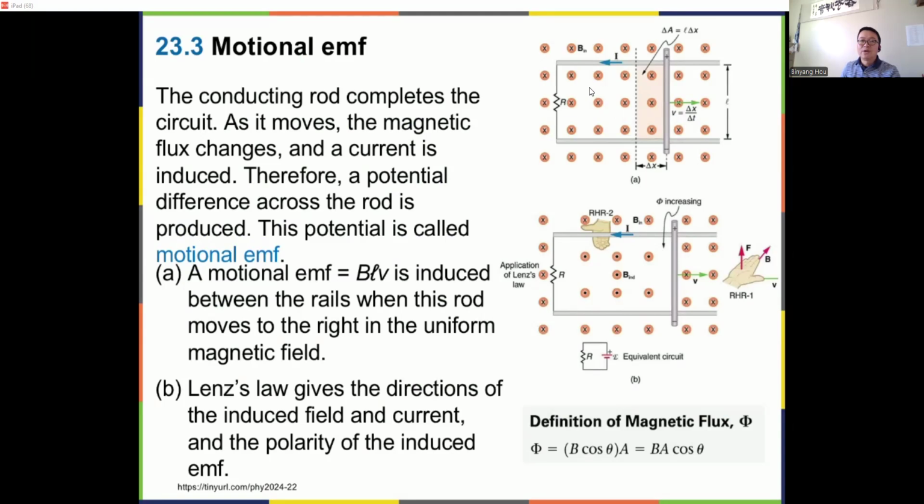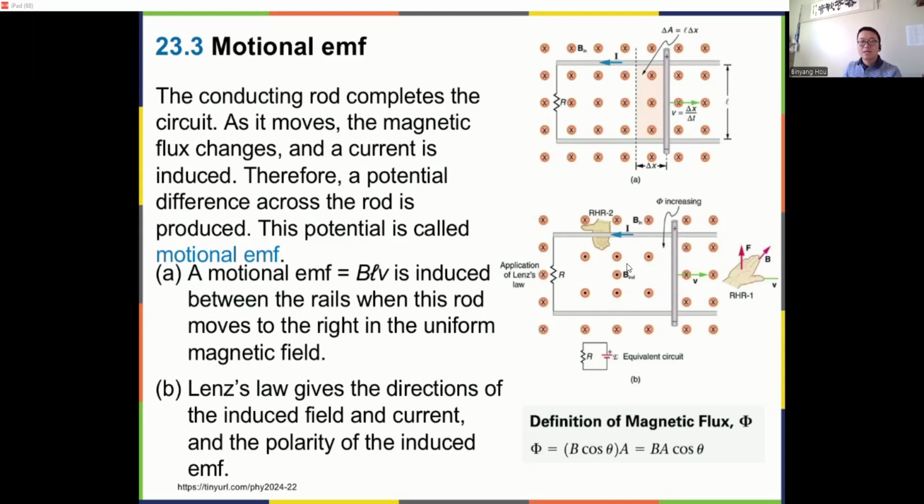That means if you originally have magnetic field going into the paper, now the magnetic field from the induced current should be pointing out of the paper. So you can use your right hand rule, because you know the B field is coming out inside the coil. You curve your four fingers in that direction, and your thumb is pointing in this way for the current. So you know the current is going in the counterclockwise direction.